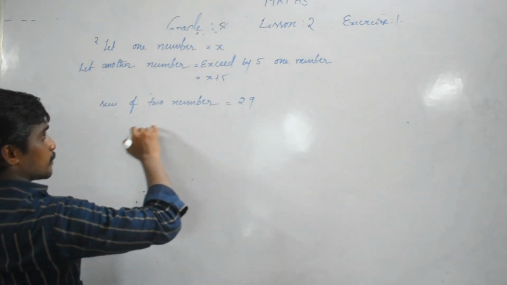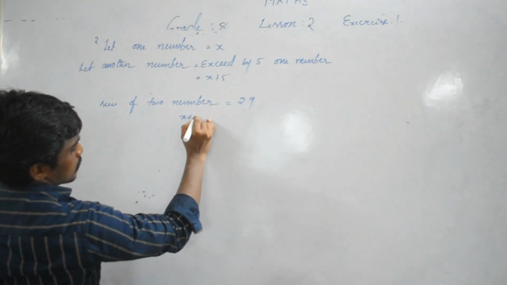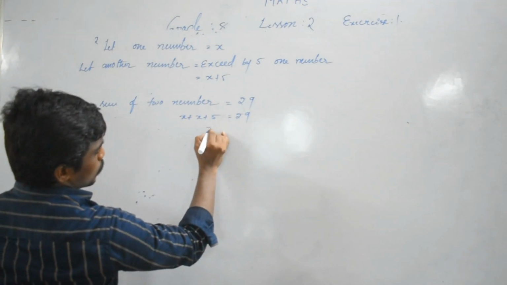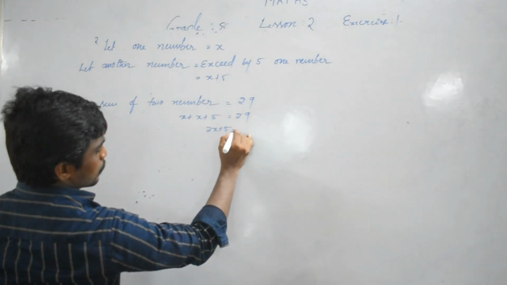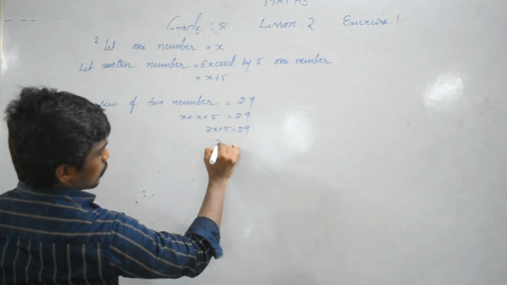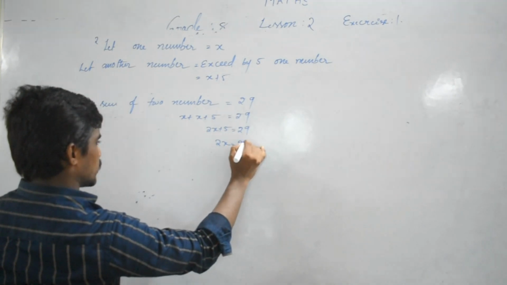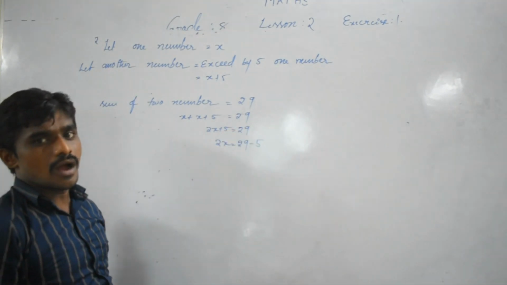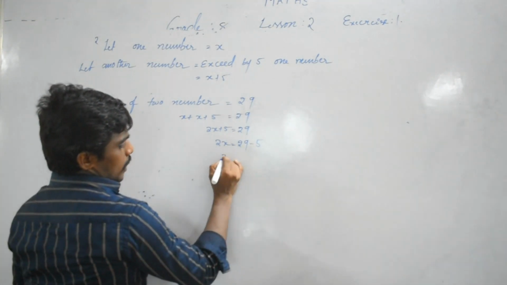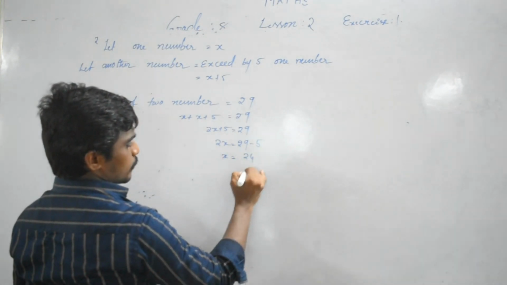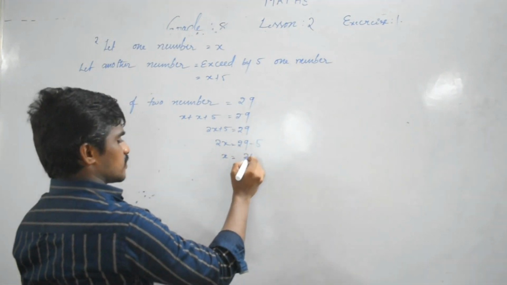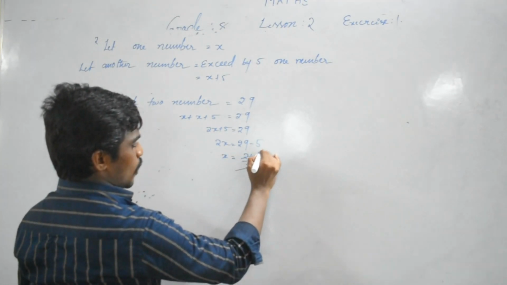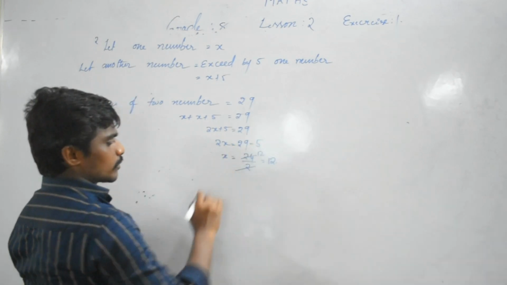x plus x plus 5 equals 29. 2x plus 5 equals 29, so 2x equals 29 minus 5, moving 5 to the right-hand side. So x equals 24 by 2, which is 12.